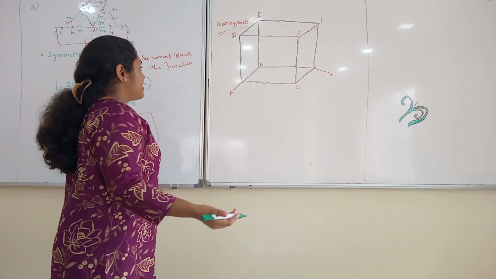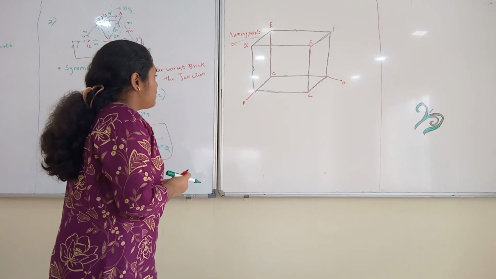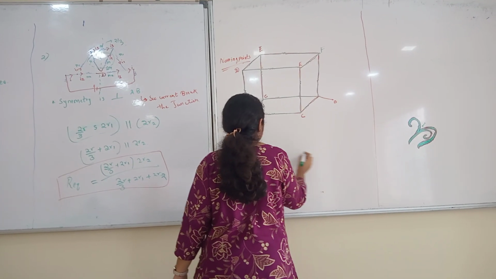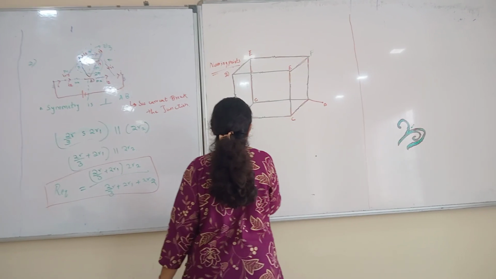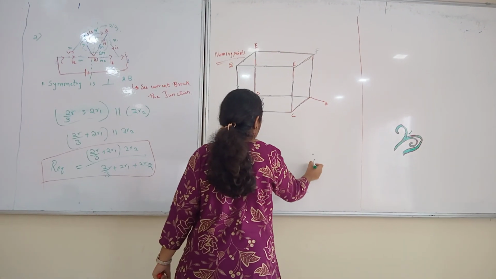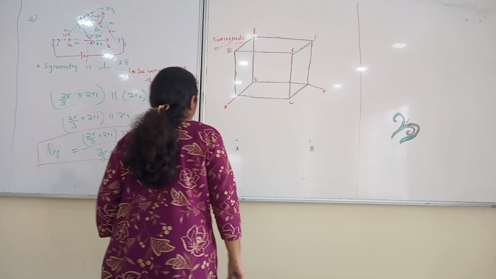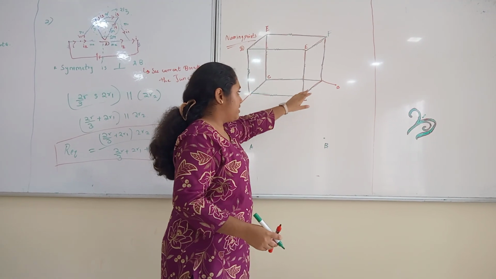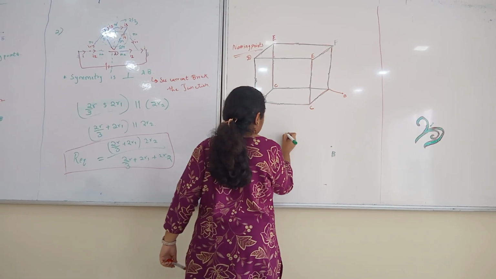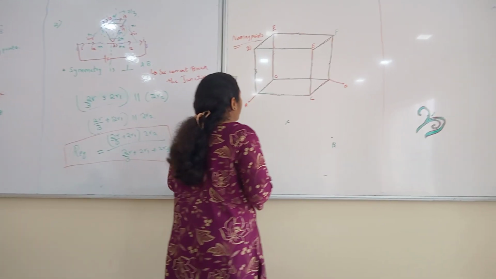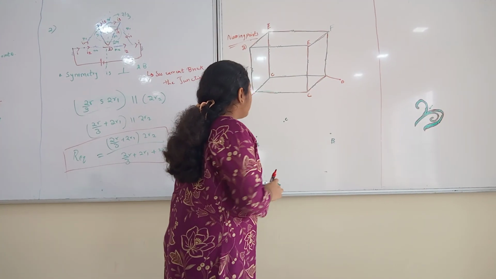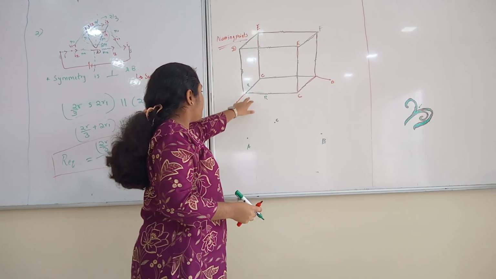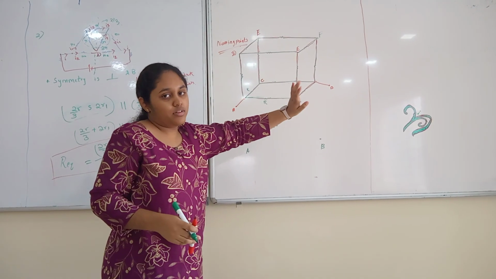So let's redraw the circuit and see which are common points. A or C. C is in center. Same, R only.